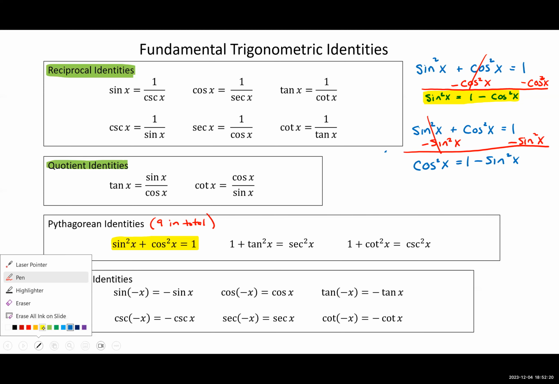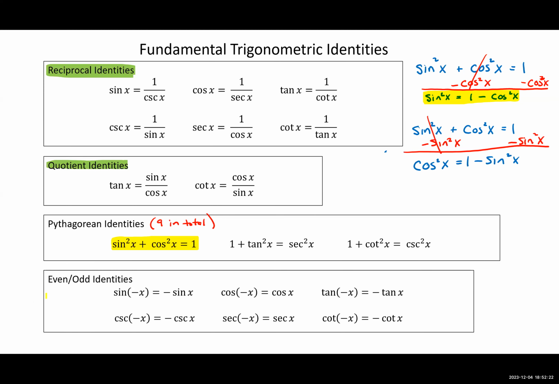We could do the same thing with the second and the third Pythagorean identities. We have one for sine and cosine, one for tangent and secant, one for cotangent and cosecant. Each one of those can be rewritten 3 ways. Depending on the specifics of the problem, we may want to work with one form or another form. And we'll see that throughout this video today.